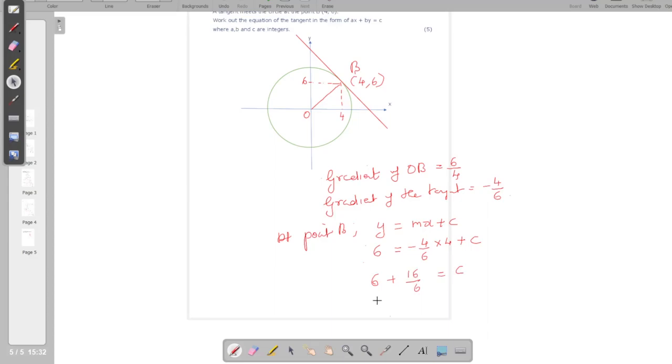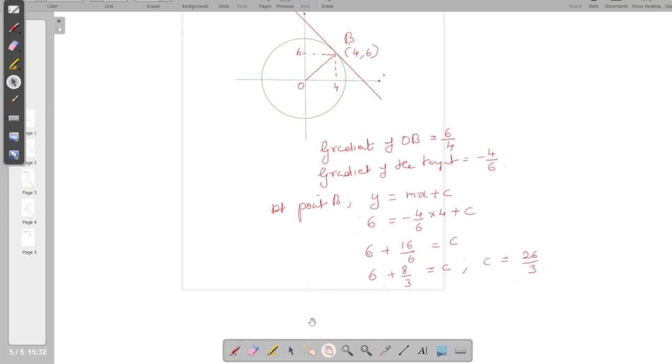So we can simplify that. 6 plus 8 over 3 is equal to c. So therefore c is 26 over 3. Now we've got the equation. y is equal to minus 4 over 6 x plus 26 over 3.